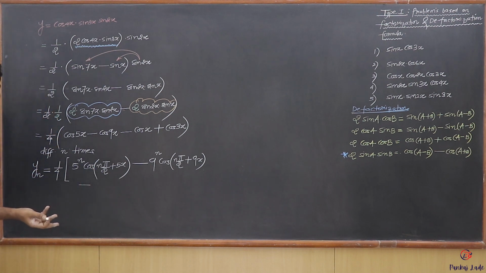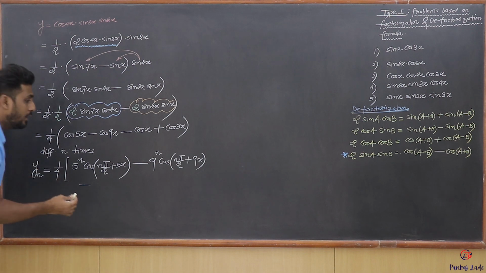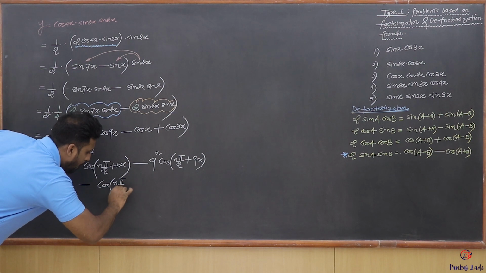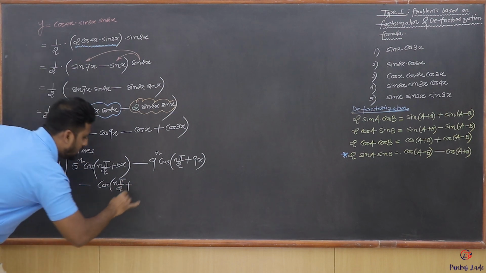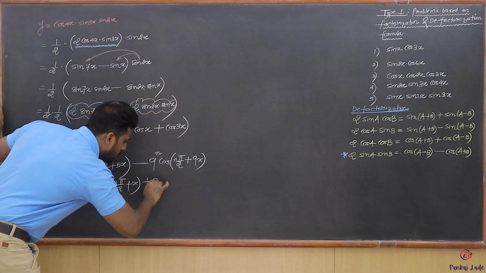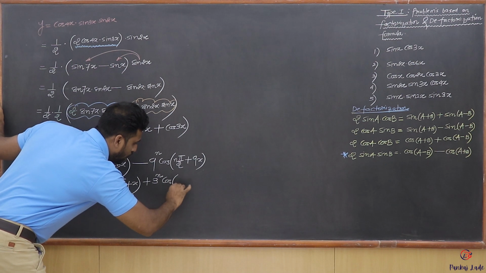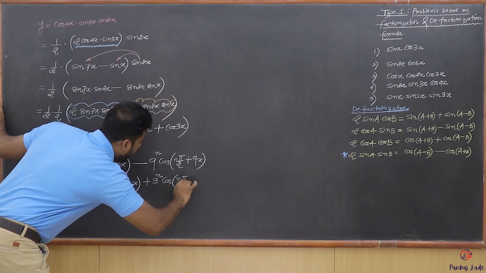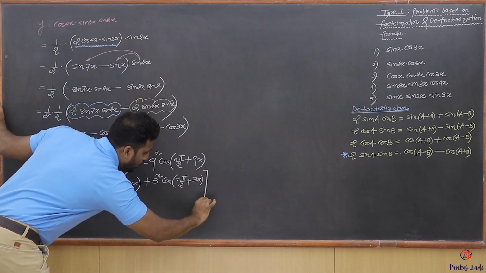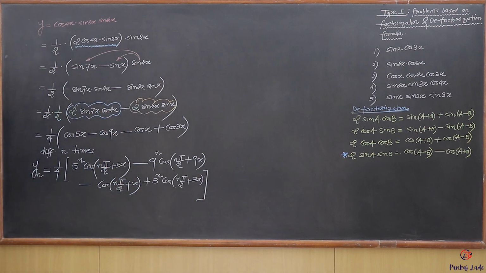There is no need to write 1 raised to n because it is simply going to be 1. So I simply write cos(n pi by 2 plus x), isn't it? And finally students, plus cos 3x, it is going to become what? So plus 3 raised to n cos(n pi by 2 plus 3x), and you remember to close the bracket because outside the bracket this 1 upon 4 was present.